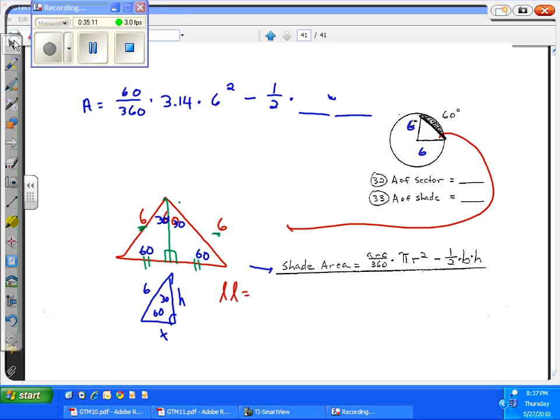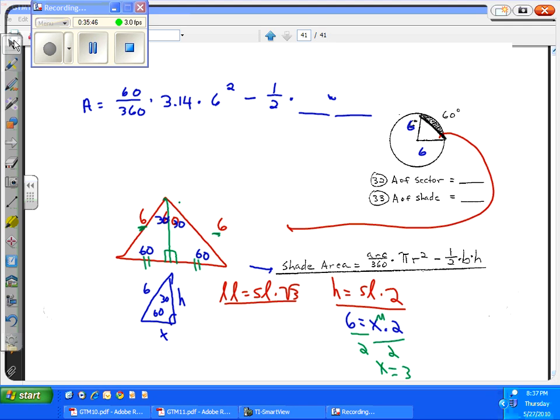We know that long leg is equal to short leg times the square root of 3, and hypotenuse is equal to short leg times 2 in a 30, 60, 90. What we know is the hypotenuse is 6. So hypotenuse 6 equals short leg, which is opposite to 30, which we called x, times 2. We undo multiplication by division, and we get x equal 3.